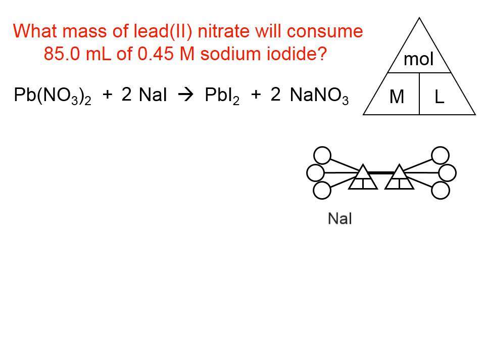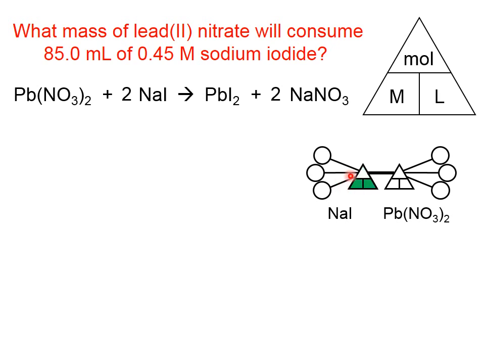And what we're going to see here is that the left side of our island diagram represents sodium iodide, and the right side is lead 2 nitrate, because we are going to calculate mass of lead 2 nitrate. So we want to end up in the upper right corner here. As it stands, we are given the molarity and the liters of sodium iodide.